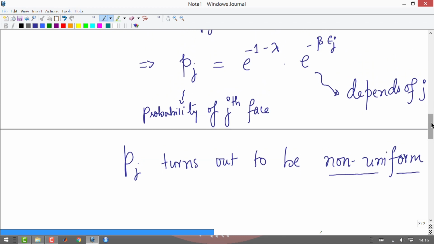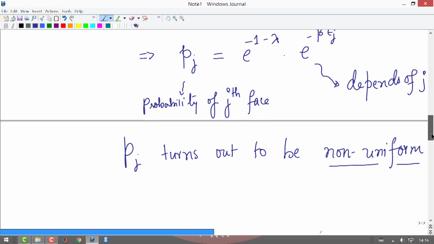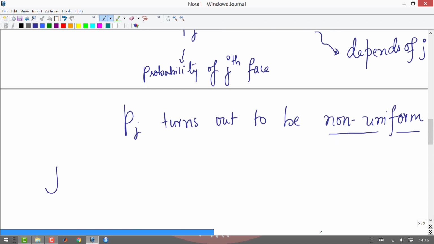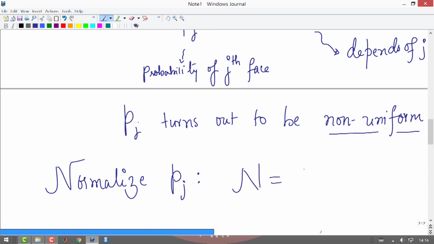So, our Pj is not yet normalized as can be seen. So, we will simply normalize Pj. To normalize this P of j I need to find a normalization constant, which is nothing but summation over all j's of P of j.